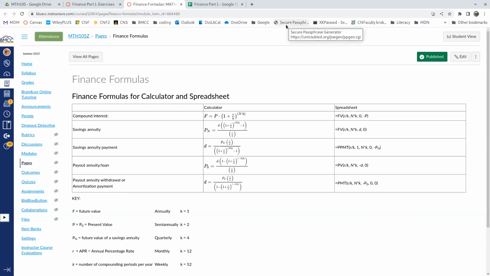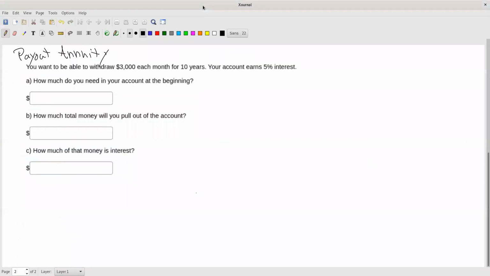So let's give it a shot. To do that, I need to know a few things. So I'm going to use a spreadsheet again. The formula is PV, and PV wants to know what is the periodic rate. It's going to want to know what is the number of payments. Let's double check.